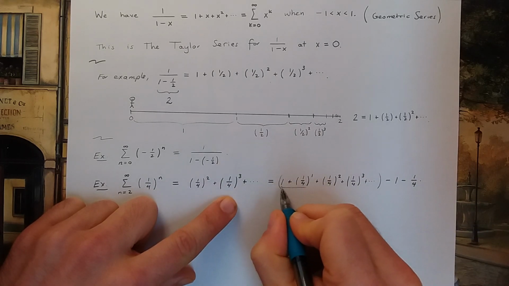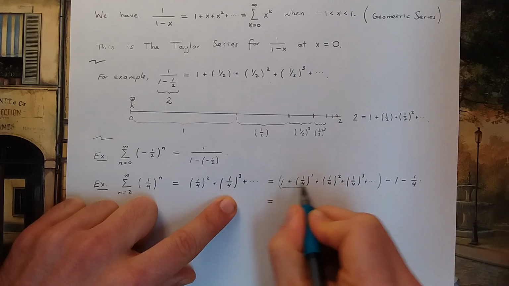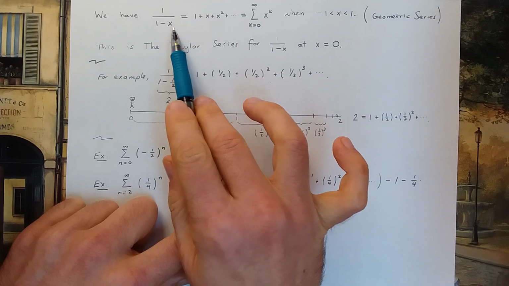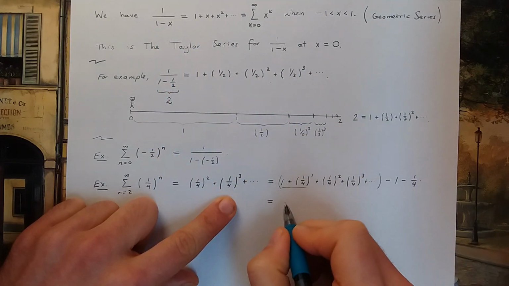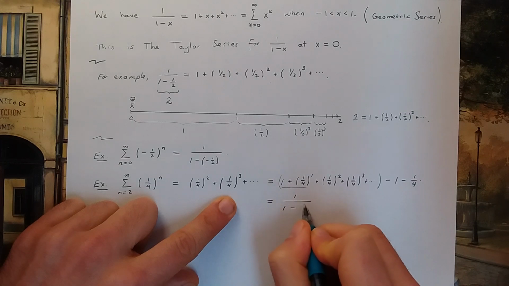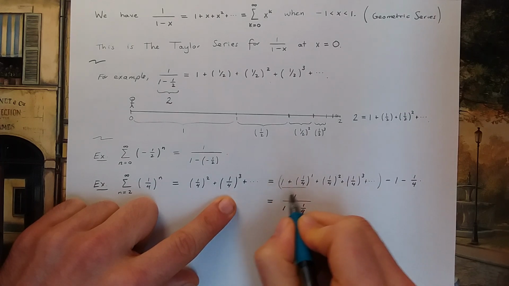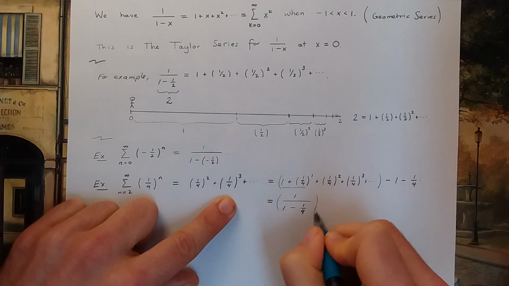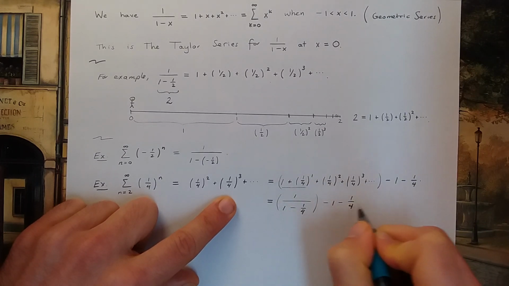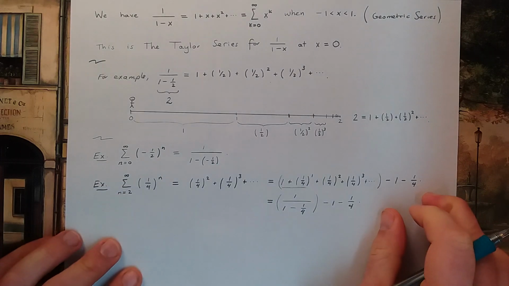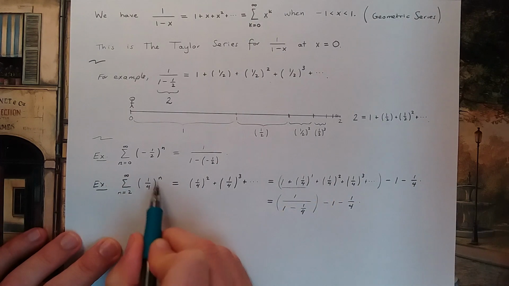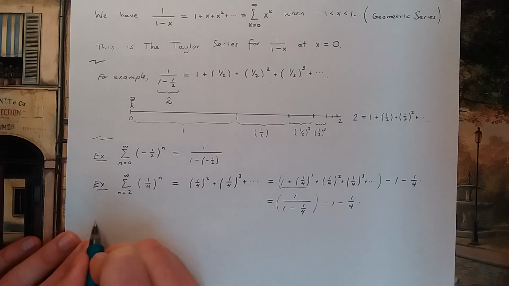And now this sum in here is a geometric series, so I can use this equation as stated. So I get 1 over 1 minus 1/4 from the parentheses, and then I still have minus 1 minus 1/4. So there I get an actual number as this sum.